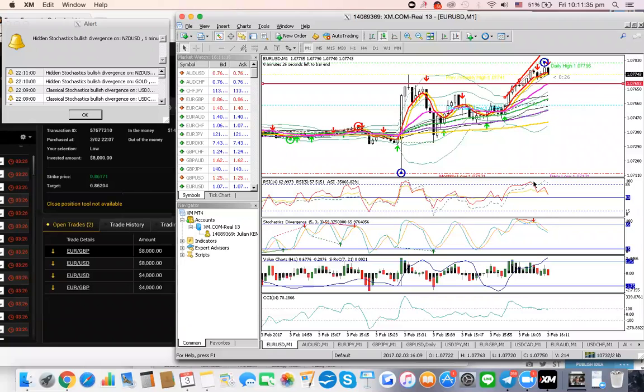Stochastic divergence. RSI divergence. Value chart. Alligator has gone over to the bottom side. Well, at least something's going according to plan.